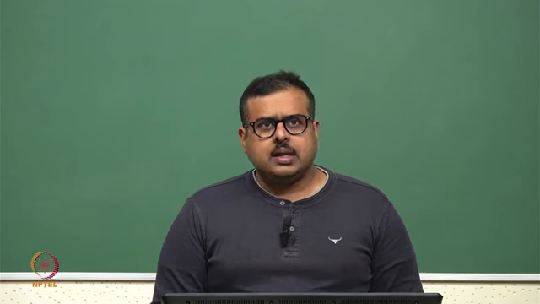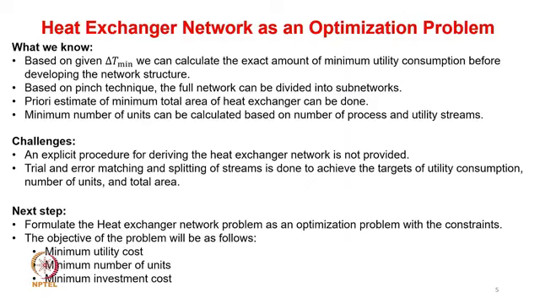And sometimes you need trial and error for matching and splitting of the streams. Sometimes your streams will not be balanced, so we have to try a couple of options to see how you can connect the streams to achieve the targets of utility consumption, so that a minimum number of units are connected to each other, and of course to attain a minimum total area, because more total area essentially means more heat exchanger size, again more cost.